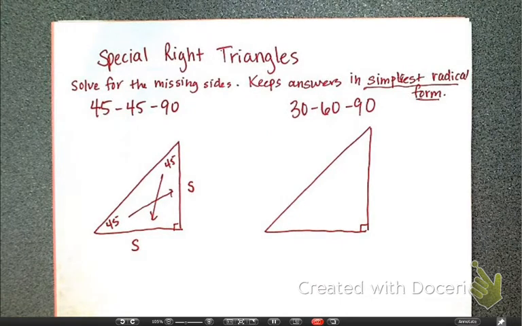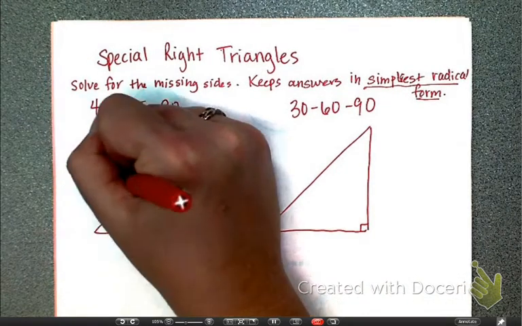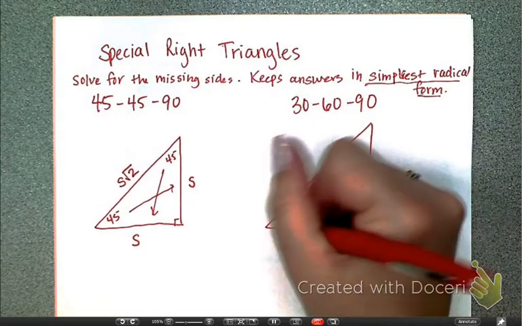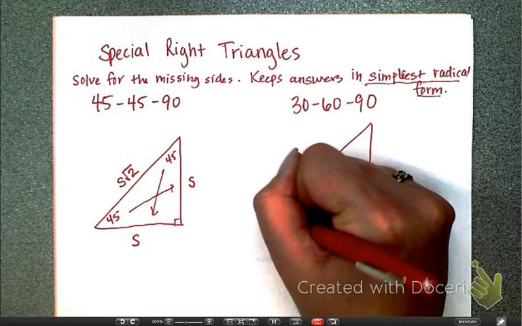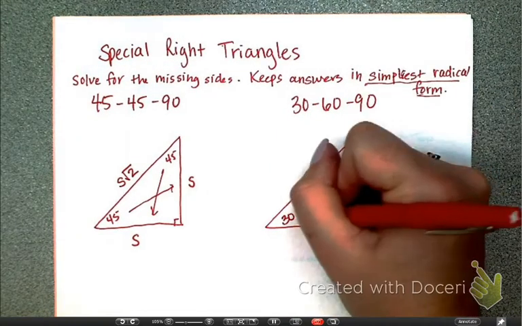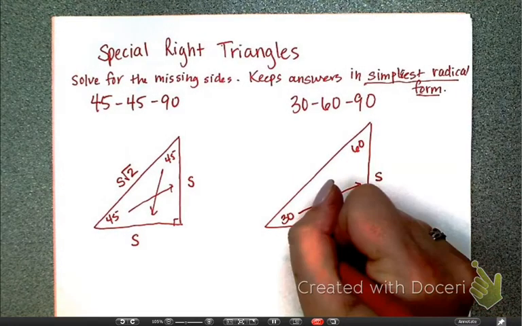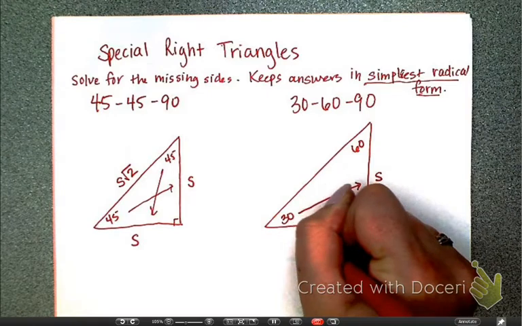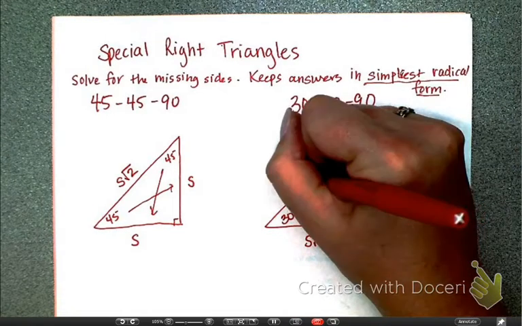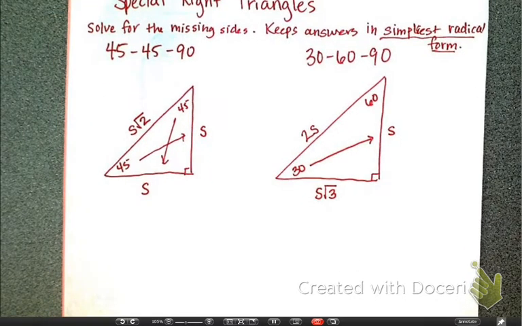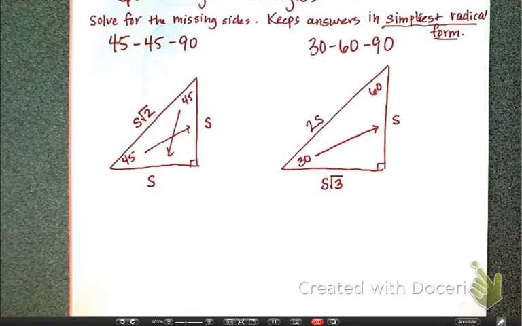Across from the 90-degree angle is S radical 2. And then for a 30, 60, 90, across from the 30 is S. Across from the 60 is S radical 3. And across from the 90 is 2S. Those are like your formulas, even though it's not a formula.